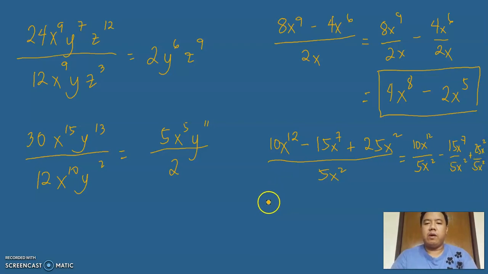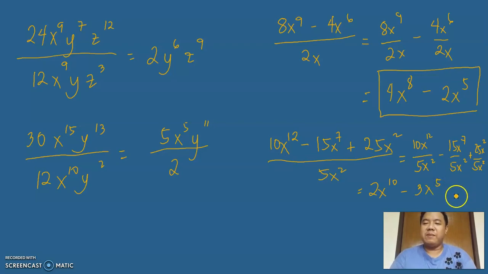So what will be our answer? So 10x raised to 12 divided by 5x raised to 2, it's 2x raised to 10. Very good. The next one will be minus 3x raised to 5.